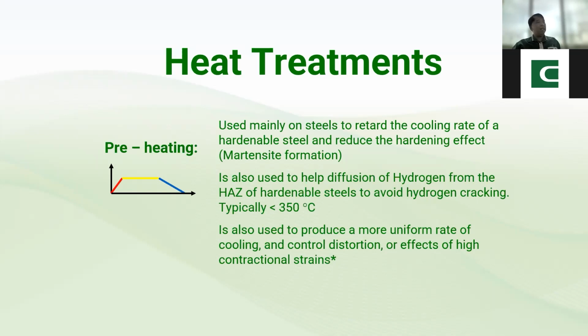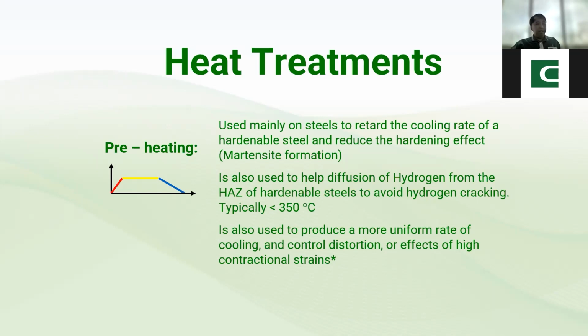Naiwasan natin ang cracking. Bakit ba nagkakaroon ng crack sa ating welding? Pinabibilis natin yung cooling down. Masyadong lumamig ng mabilis, 1,400, tapos na-expose sa masyadong malamig na temperature condition, therefore, cracking will occur.